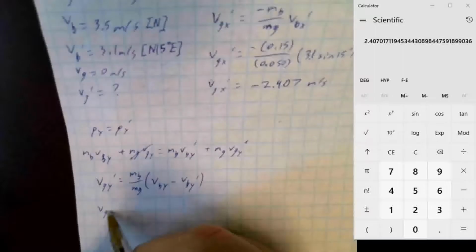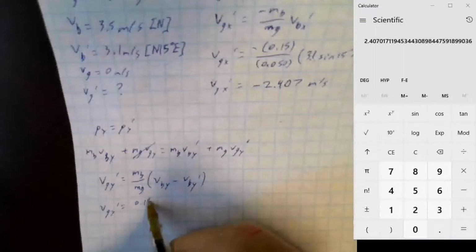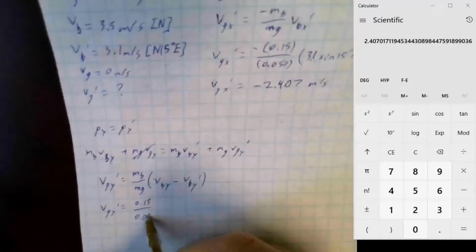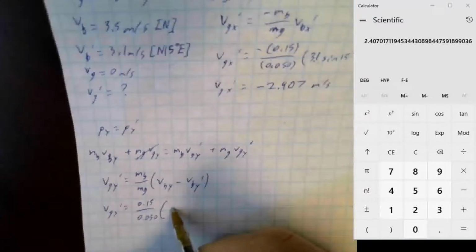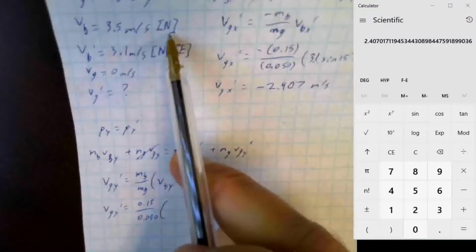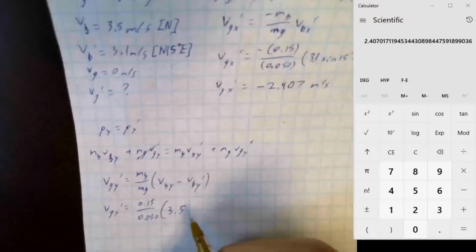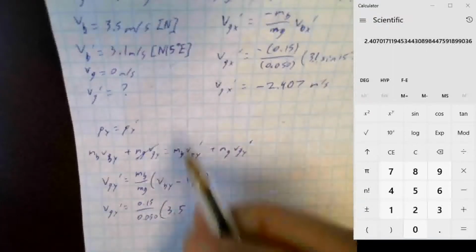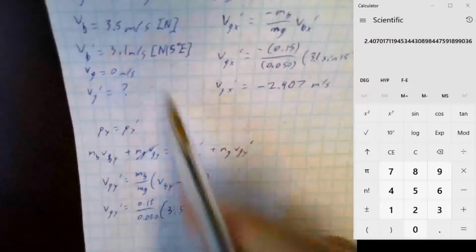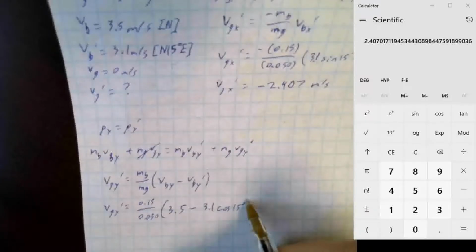So my VGY prime is going to be MB, which is 0.15 over 0.050. VBY was initially 3.5 in the north, so I'll take that north as positive. I'm going to the north here, so I'll take that as positive. So this is going to be minus 3.1 cosine of 15 degrees.